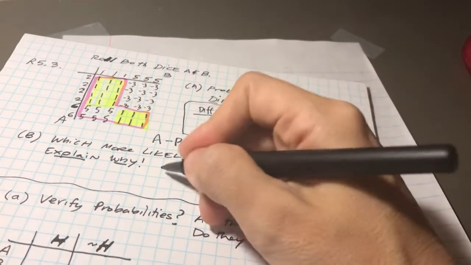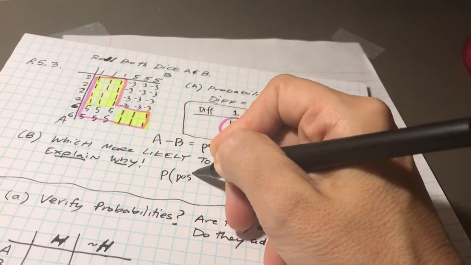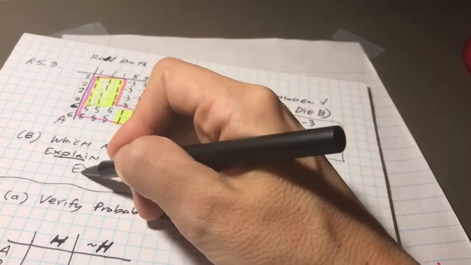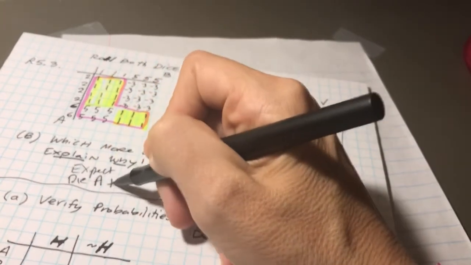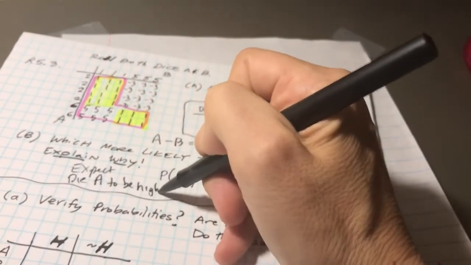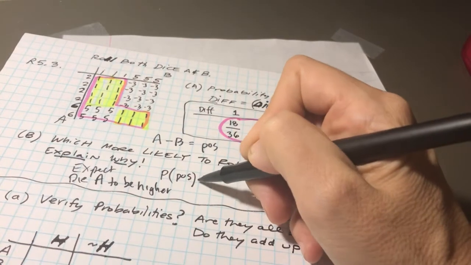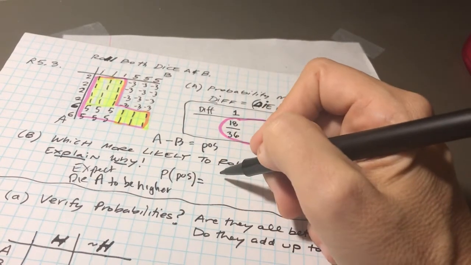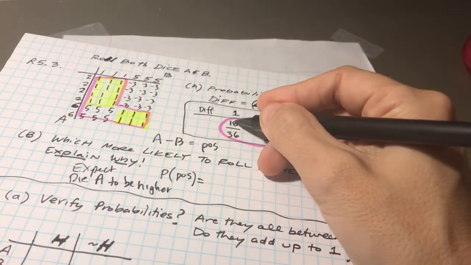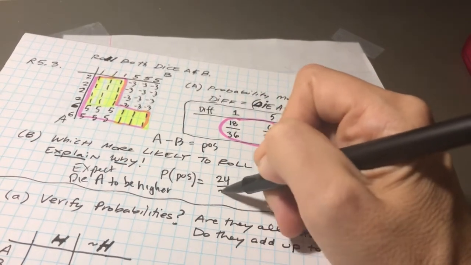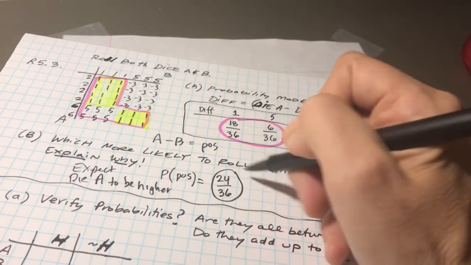So in a way, I could think of it as the probability of getting positive, I expect die A to be higher. And the reason why is the probability of it being positive is these added together. So that'd be 24 out of 36, which is a majority of the time.